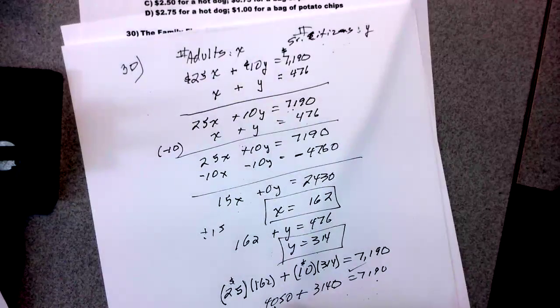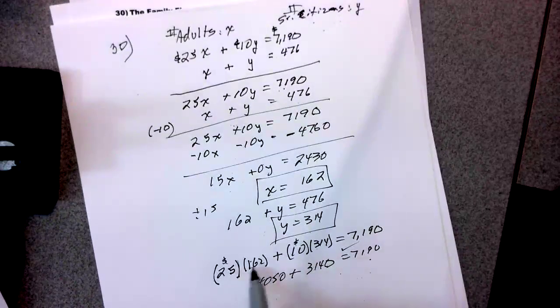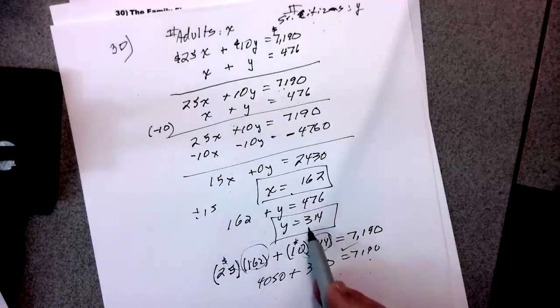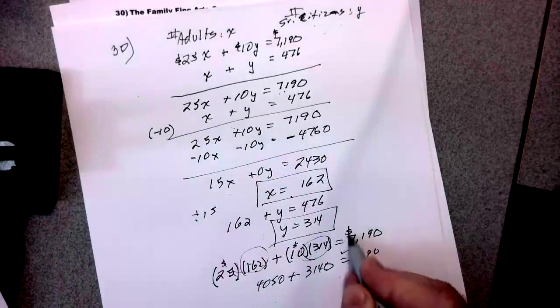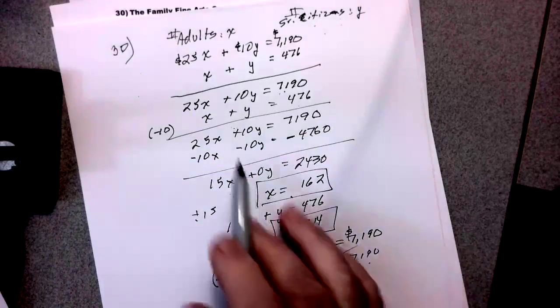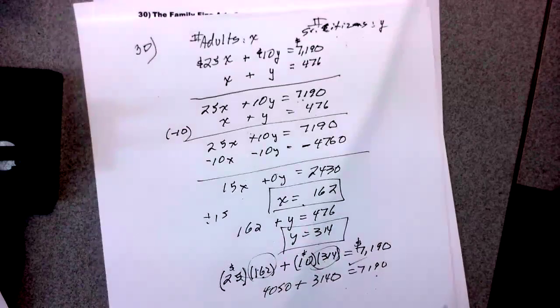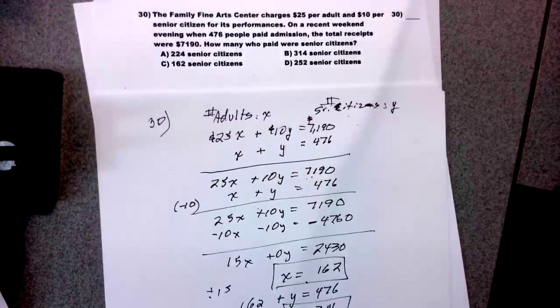So we substituted the 162 for the number of adults and the 314 for the number of senior citizens, multiplied them times the prices, and came up to the amount of money. And we know that 314 and 162 added together give me 476. So what's the answer here?